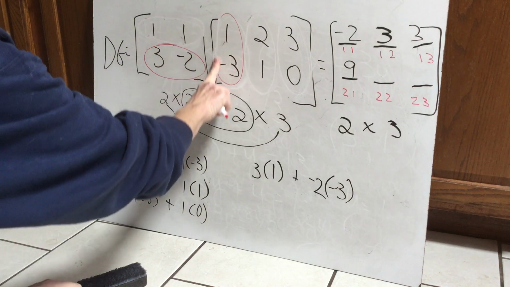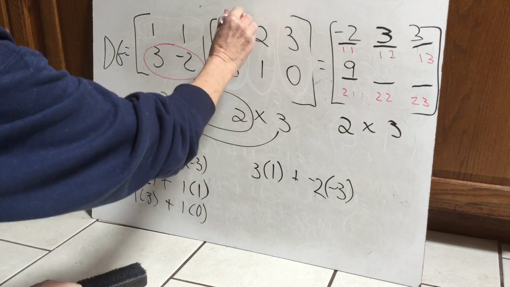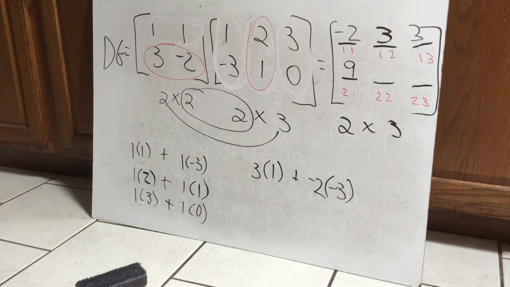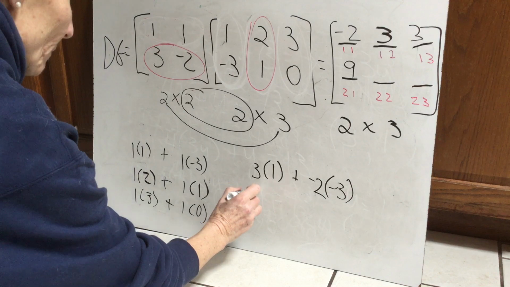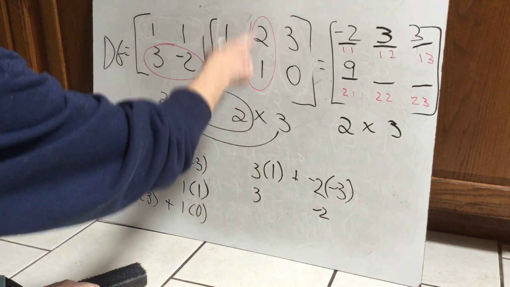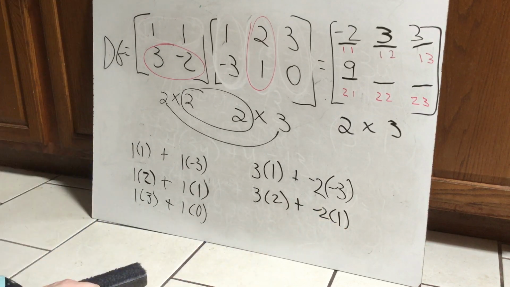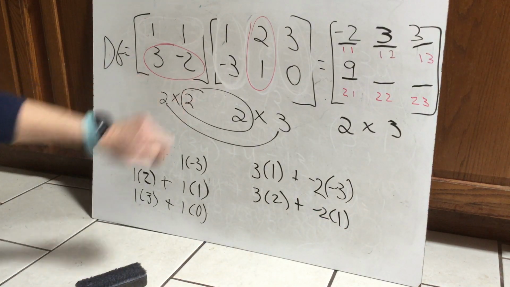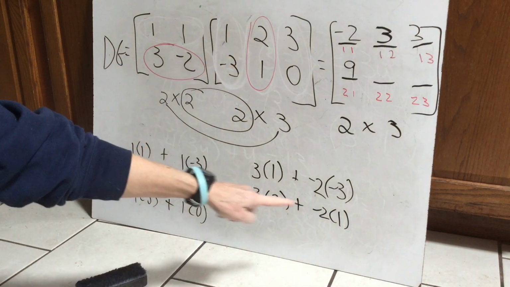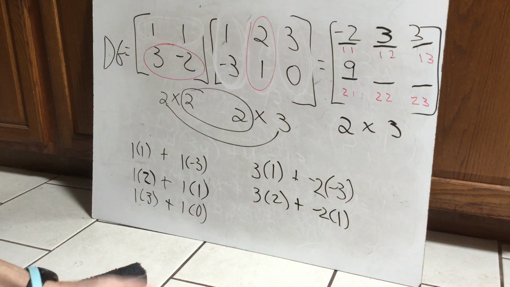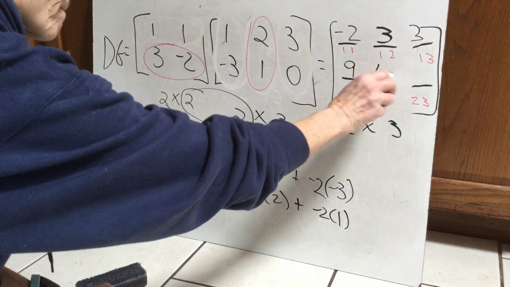Now I'm going to the second row, second column. Again, I've got my 3 and my negative 2, but now I'm multiplying it times 2 and 1. So that's 6 minus 2, which is 4.